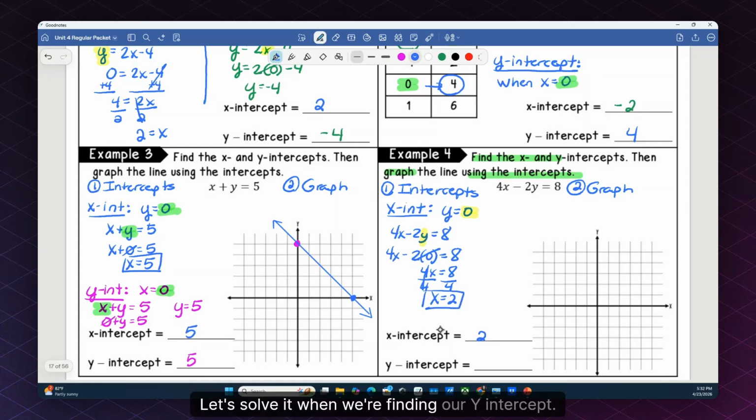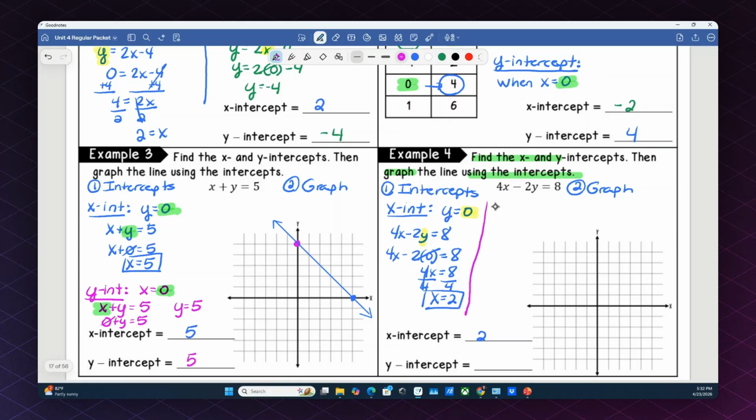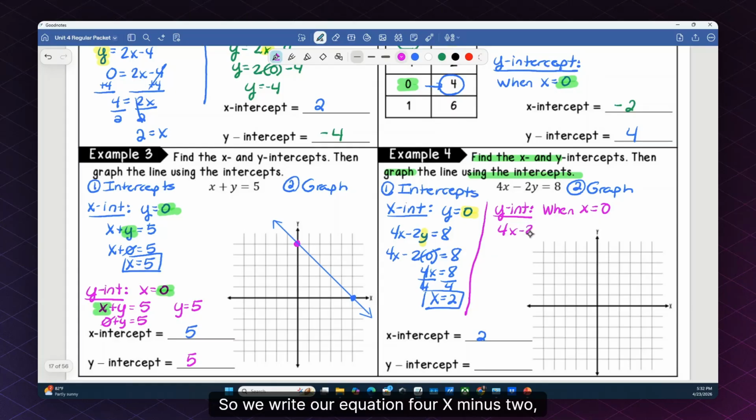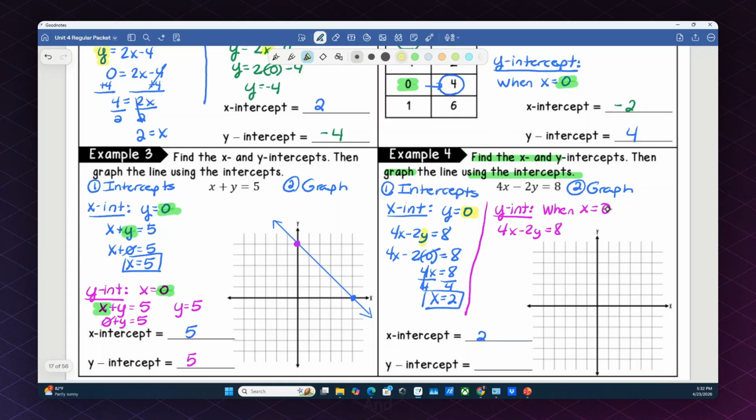Let's solve for our y-intercept. We're going to switch gears real fast. Draw a line here. We've got a y-intercept. Remember, a y-intercept is when x equals 0. So we write our equation, 4x minus 2y equals 8, and my x is 0, so I'm going to plug a 0 in here for x. 4 times 0 minus 2y equals 8.